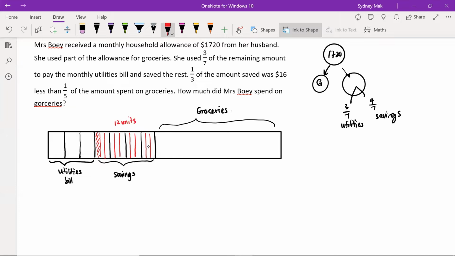So altogether, we will be shading 4 parts. Now let's take those 4 parts out. Maybe draw a little bit bigger. It's fine, as long as we show that this is 4 parts.